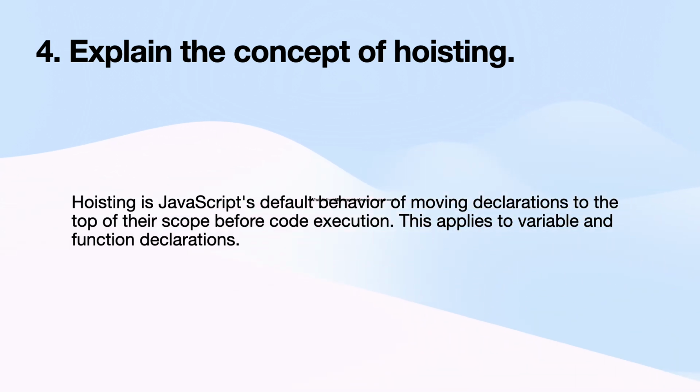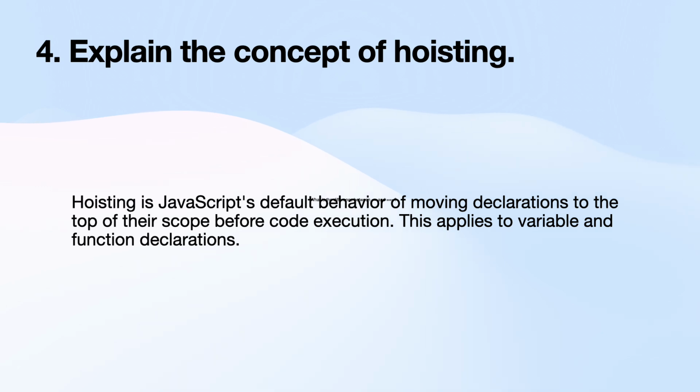For variables declared with var, only the declaration is hoisted, not the initialization. This can sometimes lead to unexpected behavior, as the variable exists but is undefined, until it's assigned a value in the code. For function declarations, the entire function is hoisted.